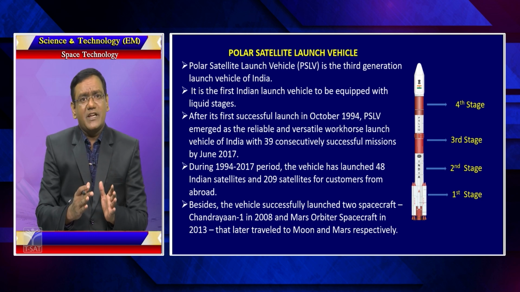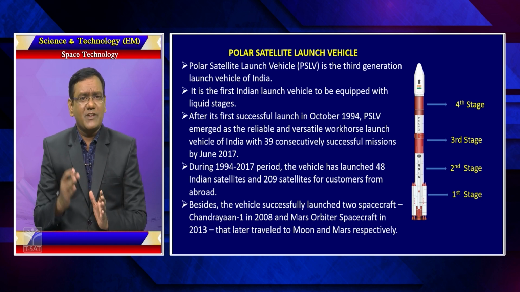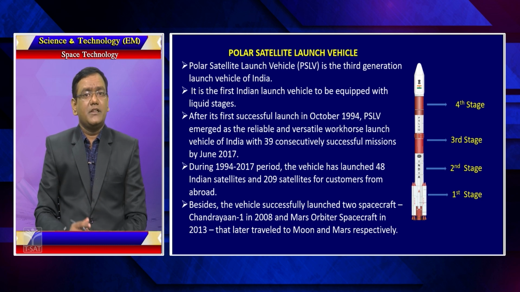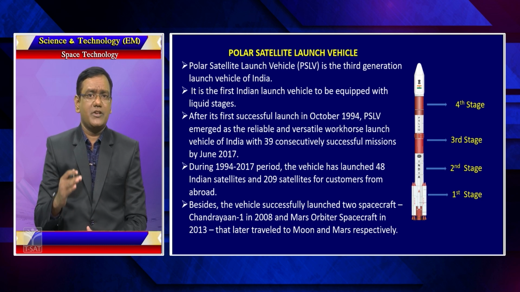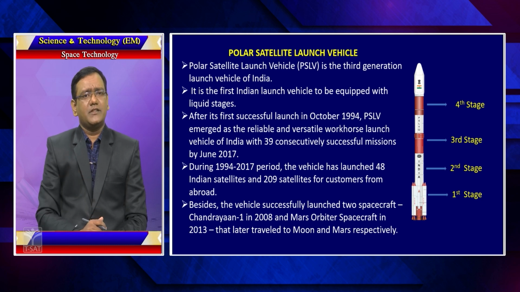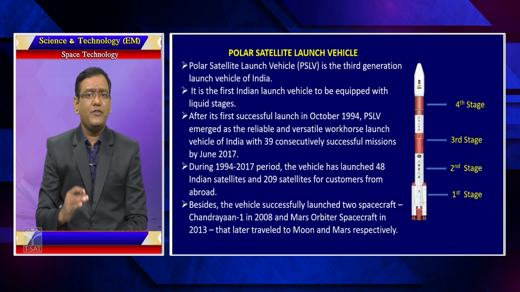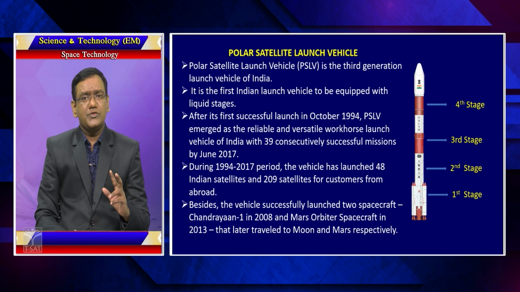During the 1994-2007 period, the vehicle has launched 48 Indian satellites and 200 satellites for customers from abroad. Besides, the vehicle has successfully launched two spacecraft, Chandrayaan-1 in 2008 and the Mars Orbiter Spacecraft in 2013.